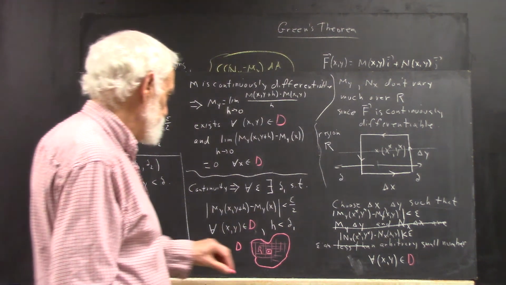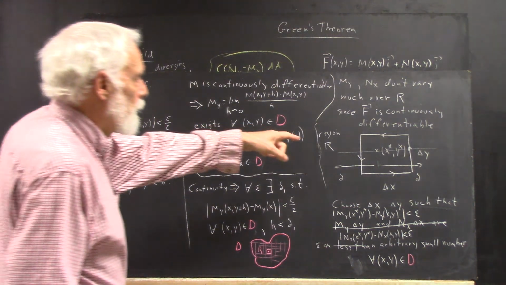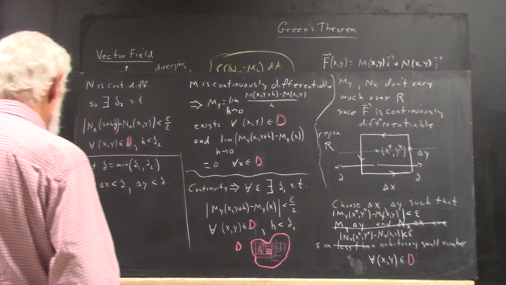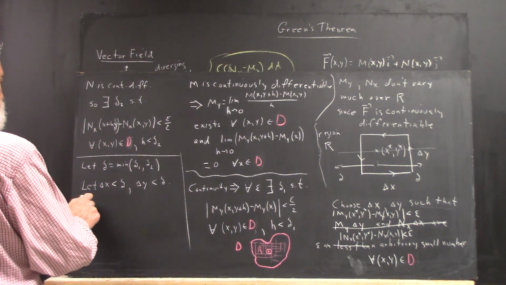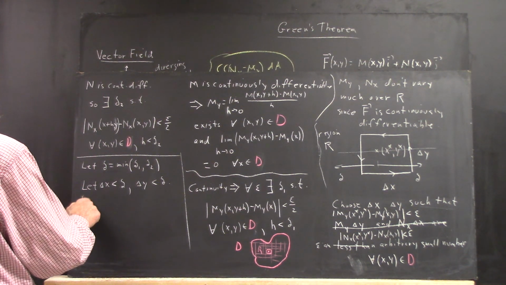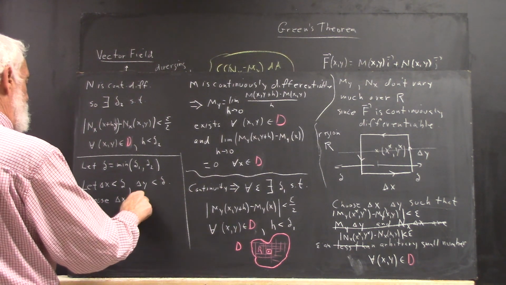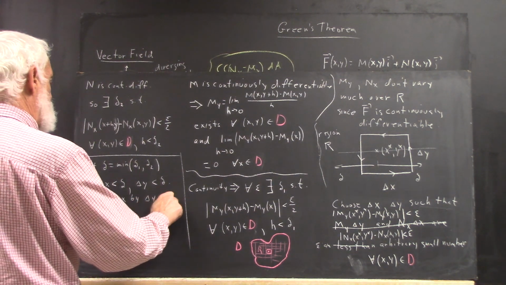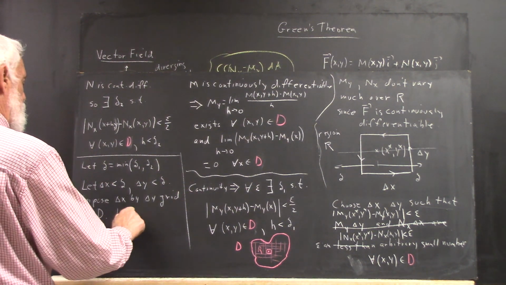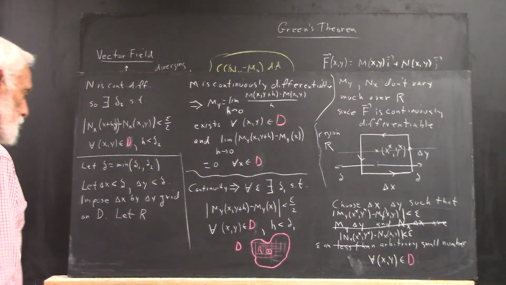And now, if I choose my region R such that delta X and delta Y are both less than delta, impose a delta X by delta Y grid on D, and it should be clear what I mean by that.